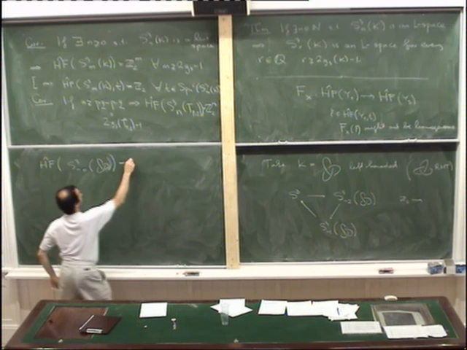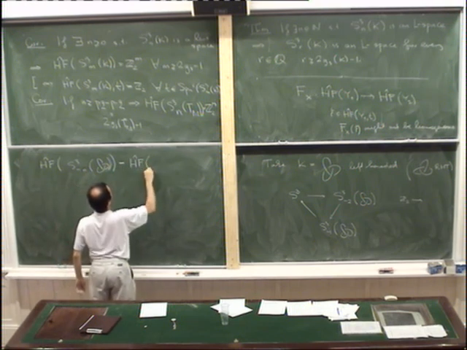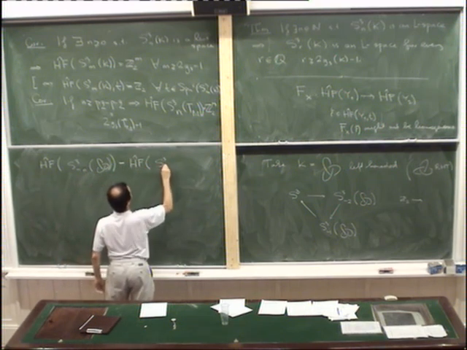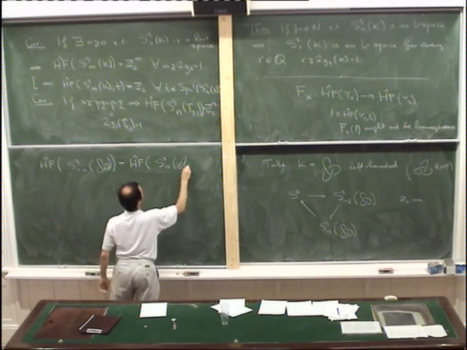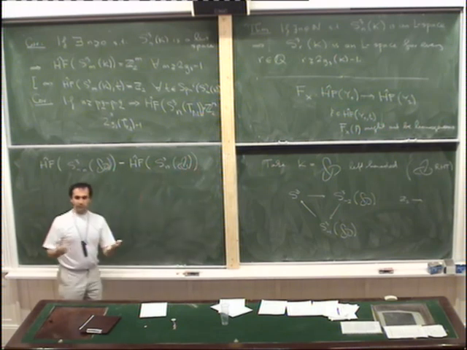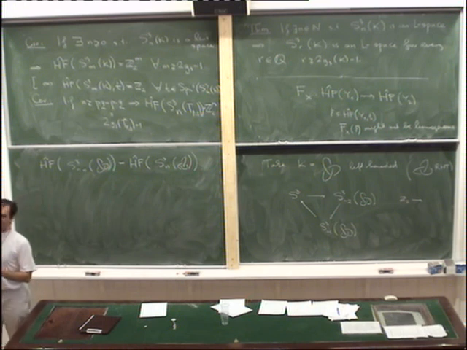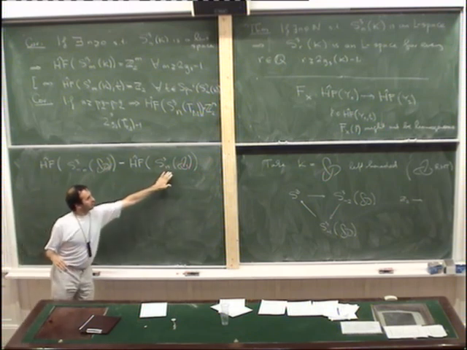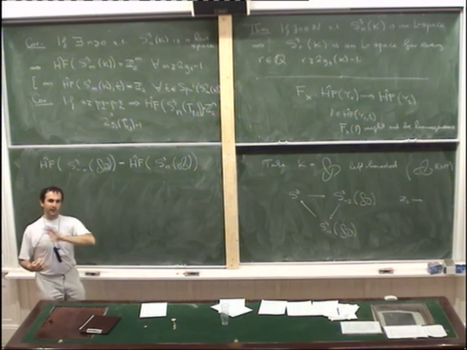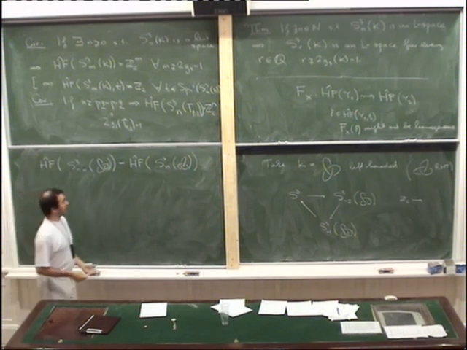It's the same as Heegaard Floer of S^3_n of the right-handed trefoil, because there was a rule which said that HF-hat of Y is isomorphic to HF-hat of minus Y. And mirror imaging the knot and reversing the sign of the surgery coefficient just turns the 3-manifold into itself with the reverse orientation.